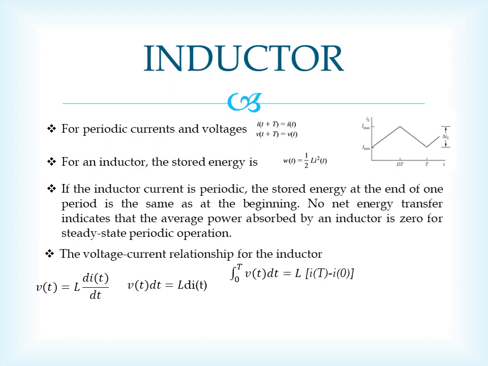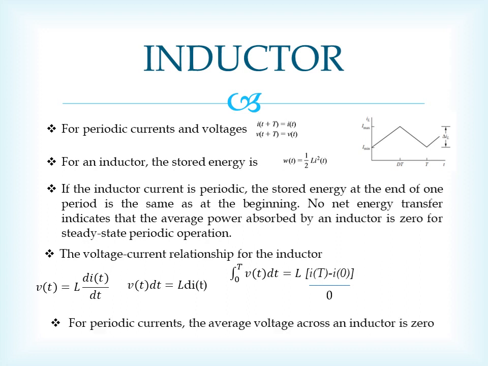So we can also say that at the end of the time period, we can see here in the waveform that the value of current at 0 and the value of current at t are exactly same. So this can be written as 0. So this means the average value of voltage across the inductor for one time period is also 0.